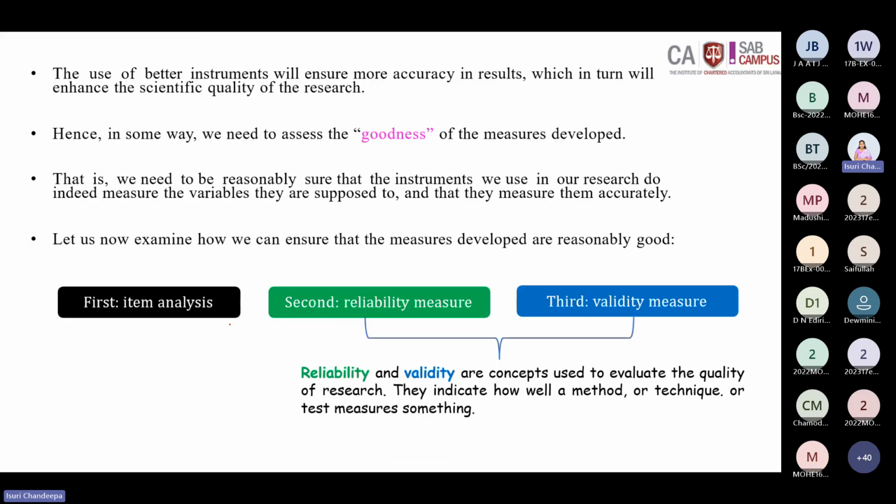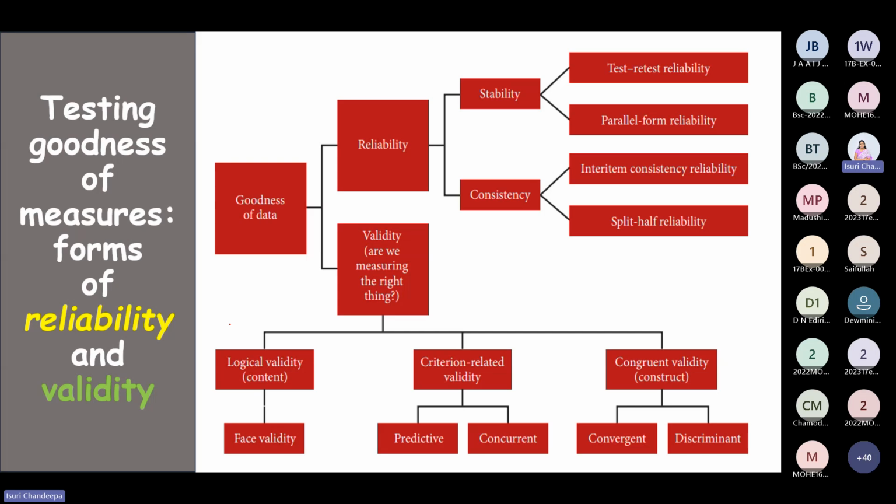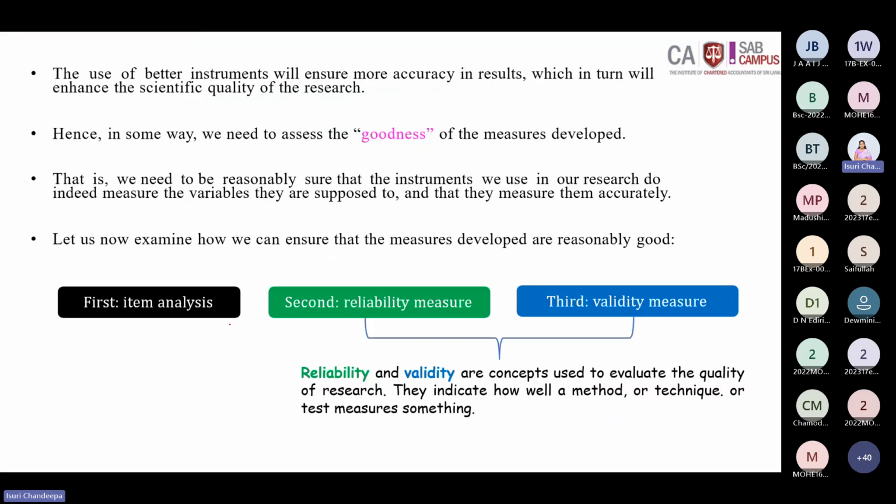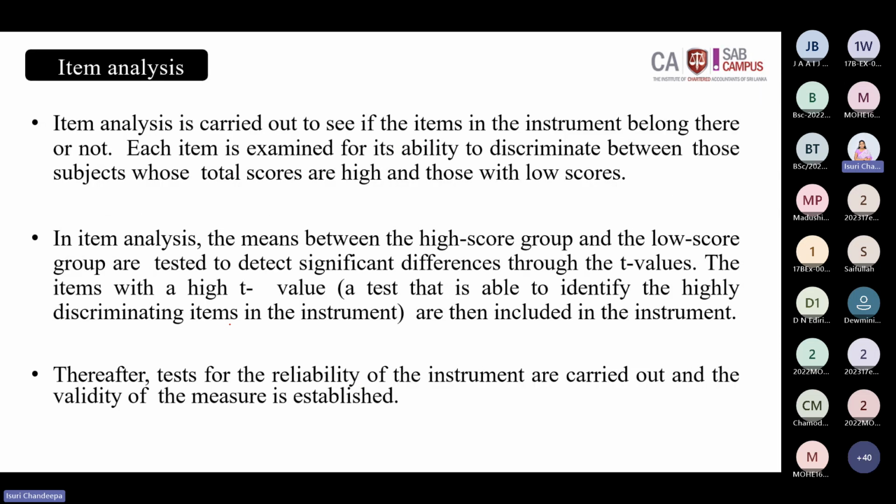Okay, before moving to the identification of reliability and validity, you need to first do the item analysis, right? Item analysis. The main consideration is identification of goodness. When we identify the goodness of data, to see whether this data is good, the first thing you need to identify here is item analysis.